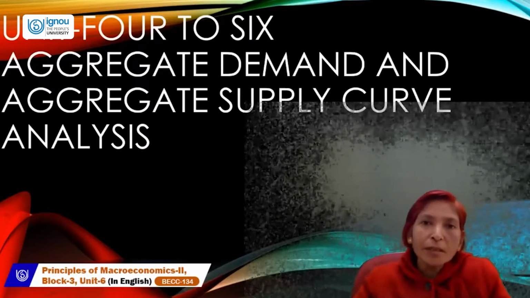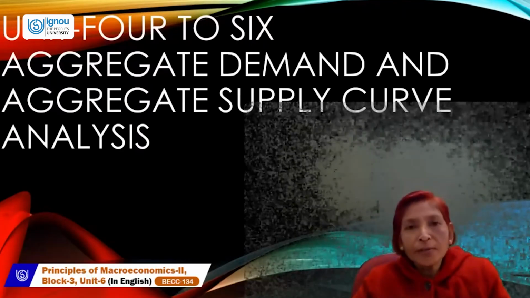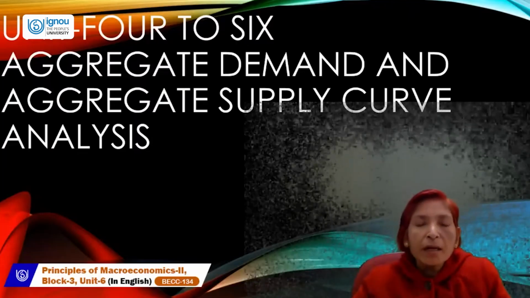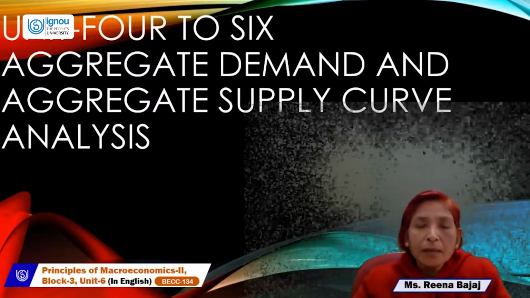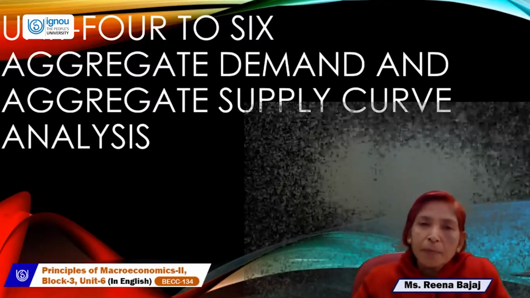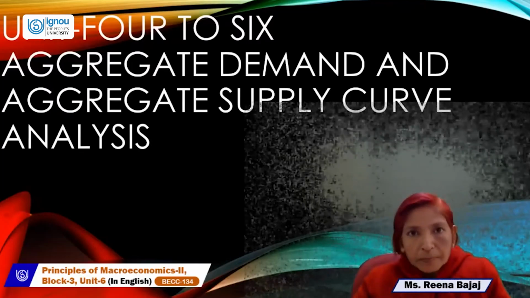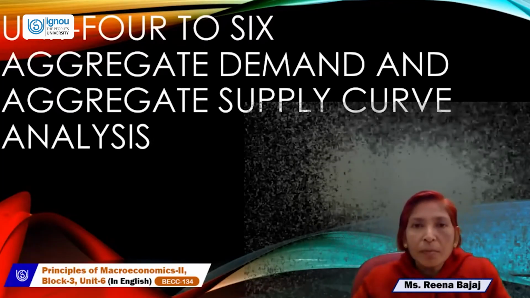In today's session, we will discuss the remaining part of aggregate demand and aggregate supply, and how aggregate demand and aggregate supply help to determine the equilibrium level of income, where national income is determined.